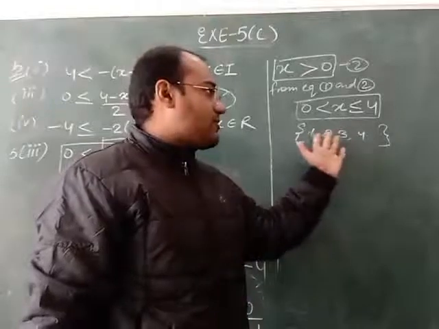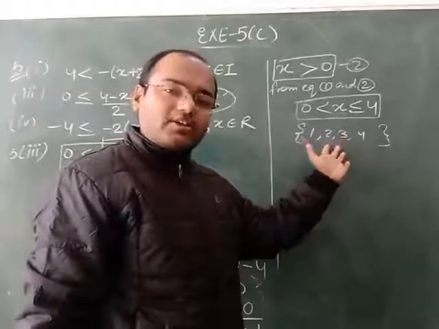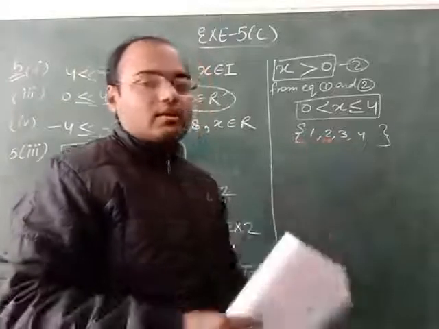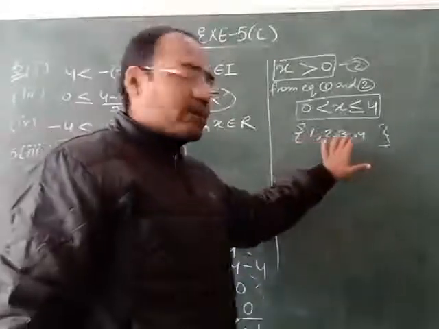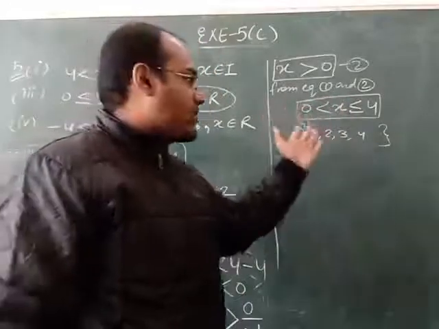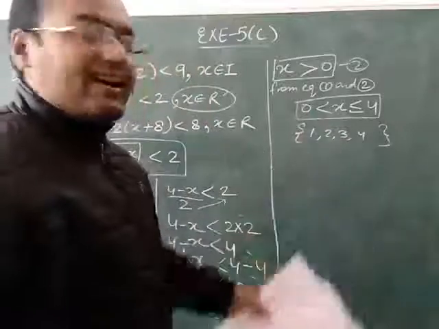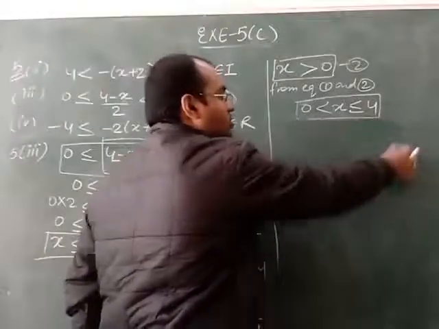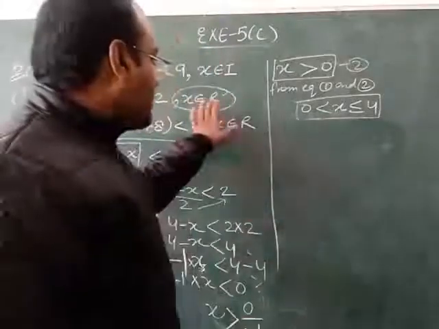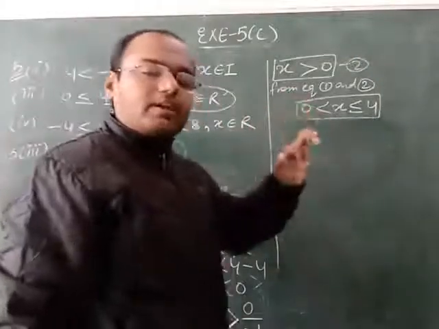These numbers are whole numbers, these are natural numbers, these are integers. But between them so many real numbers are there, and we are not writing those. So no need to write the solution like this. The solution of real numbers we will show on the number line only. इसका आंसर आपको नंबर लाइन पे ही दिखाना है बस.